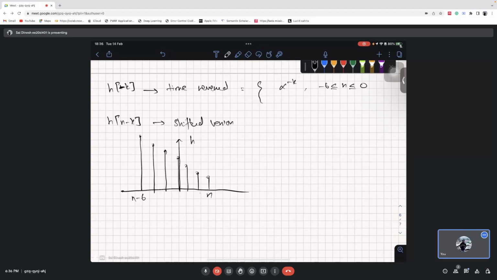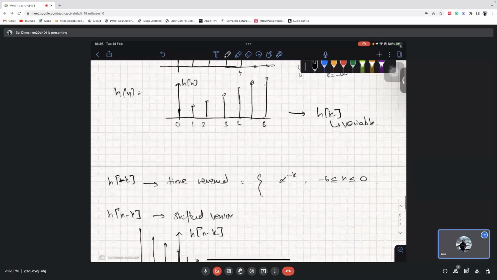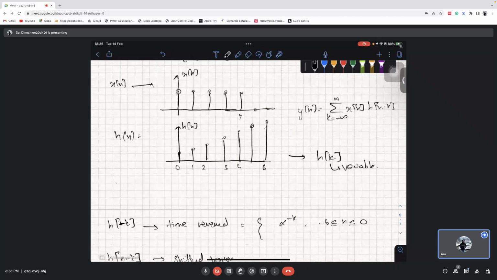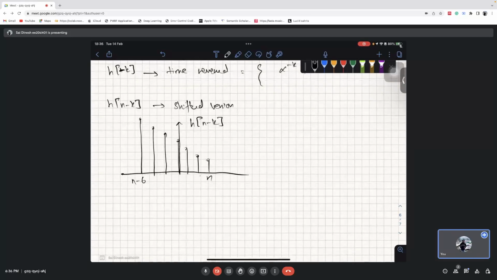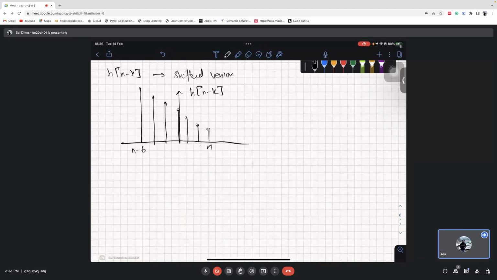So this is h of n minus k. So this is existing only in the positive side. So if we have this h of n minus k for n less than 0, it will be entirely on the left side, which is in the negative side. In that case, there won't be any overlap, right?